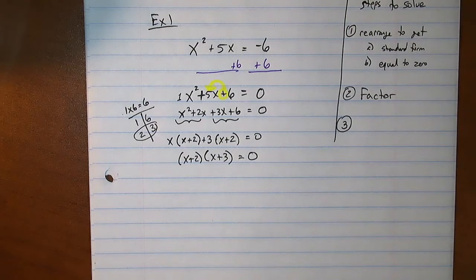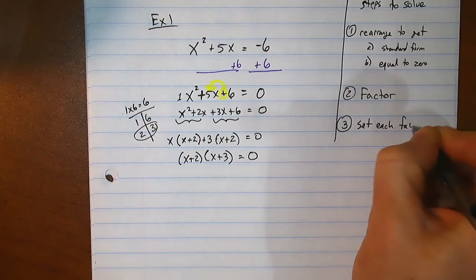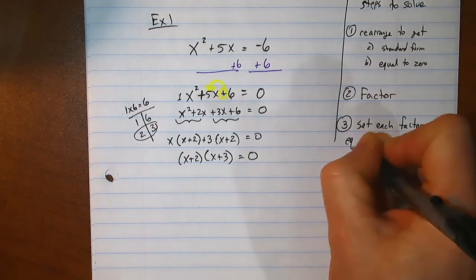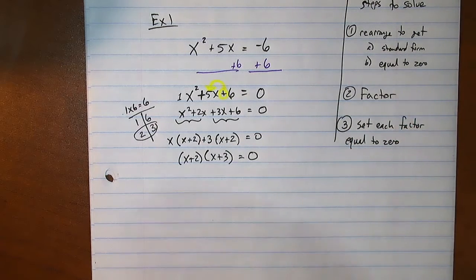And so this is the way that we finish. To find our possible answers, I'm going to set each one equal to 0, and then I'll solve those little equations.